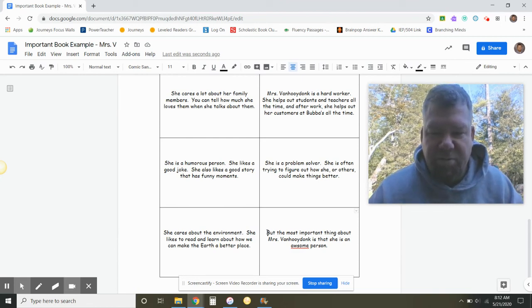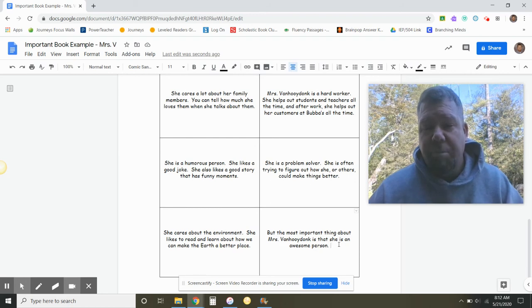Last but not least, let's move on to the eighth rectangle. But the most important thing about Mrs. Van Hooydonk is that she is an awesome person. Well, the one thing that stands out to me right away is there's a big red squiggly line. Awesome. All right. So I click on that. There's the suggestion that is the correct way of how to spell awesome. However, there is a problem here. If you remember back to my previous lesson about what I want from you for the first box and the last box, we are trying to somewhat imitate The Important Book by Margaret Wise Brown.